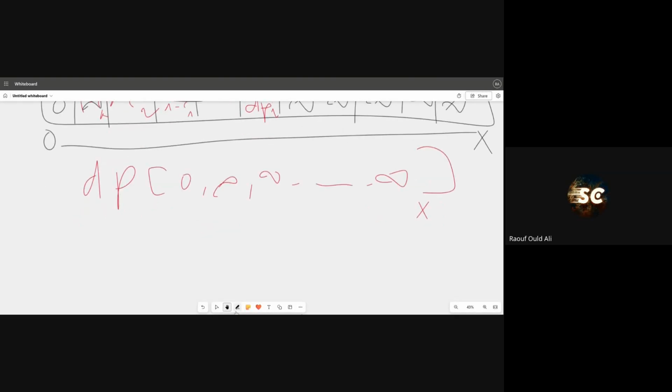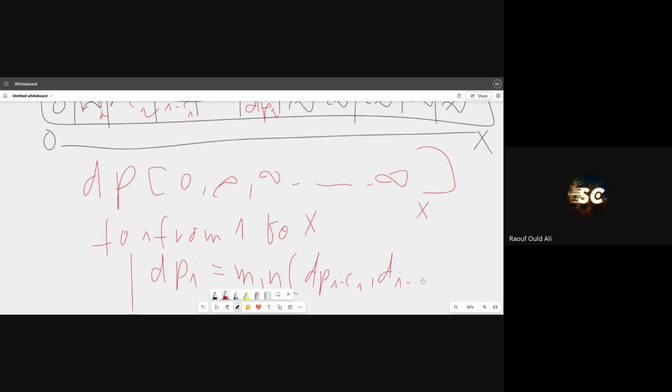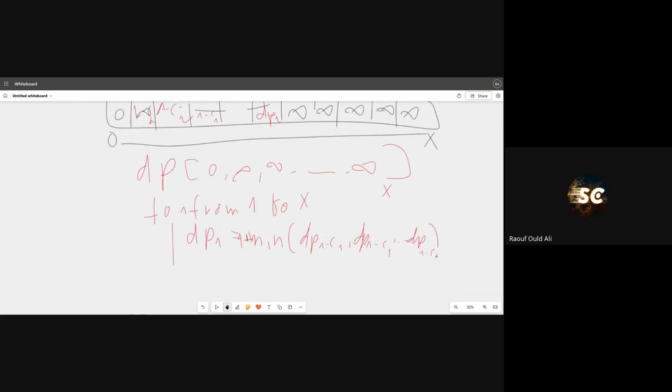Then we loop over the elements for I from 1 to x. dp[I] receives the minimum over dp[I minus c1], dp[I minus c2], dp[I minus ck], plus 1. Okay, is this clear?